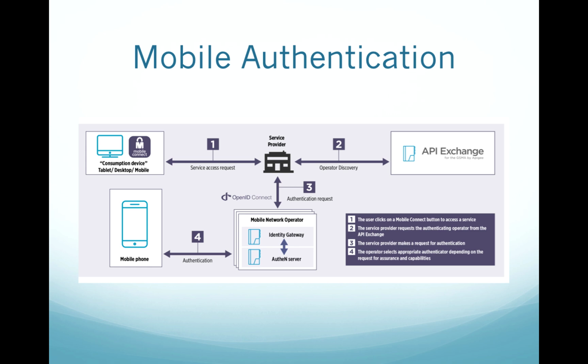You can see the server request. Number one is the request to Mobile Connect. Number two is the API exchange and operator discovery. Number three is the authentication request, and number four is authentication. Whenever you log in, the operator selects the appropriate authentication depending on the request assurance and the capabilities.